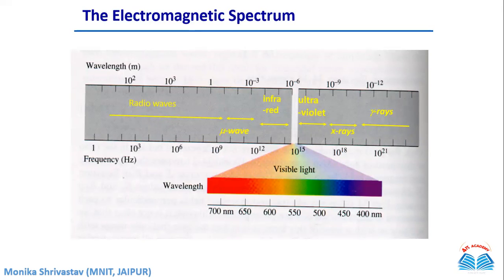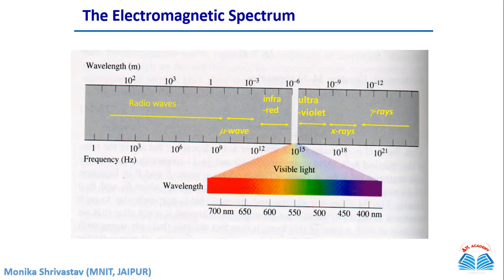So here we are going to start. This is your electromagnetic spectrum. I hope you have seen the same picture many times in your previous classes. The electromagnetic spectrum has all the types of radiations, rays and waves presented in today's scenario of environment, from lower wavelength to higher wavelength, from lower frequency to higher frequency.